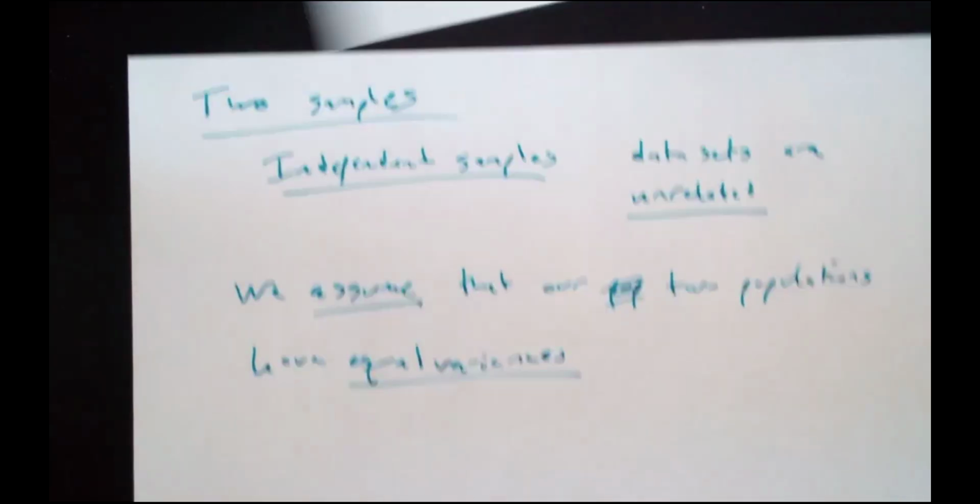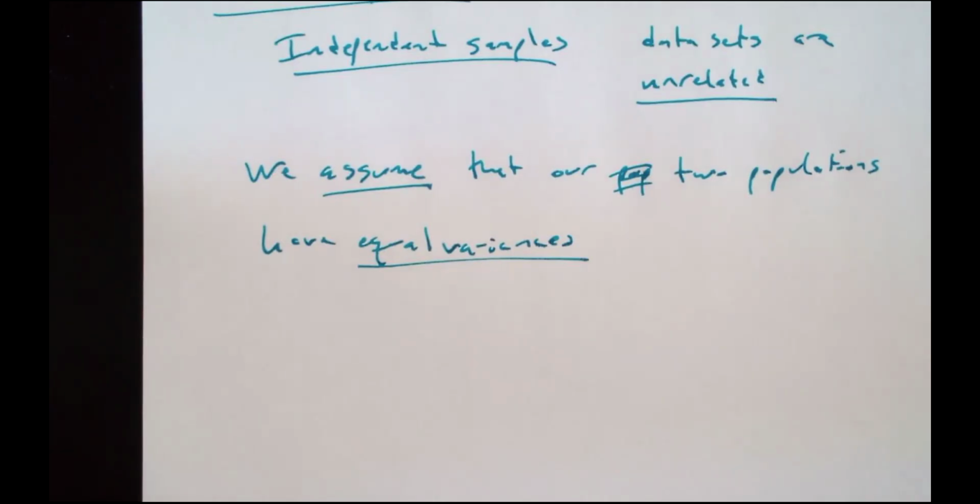If I want to avoid this assumption, I'm going to need to make some changes to the way I calculate things. There is a way to do that. I'll save that for next semester in the stats course.